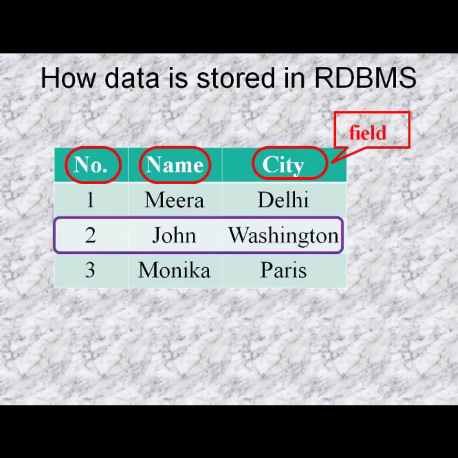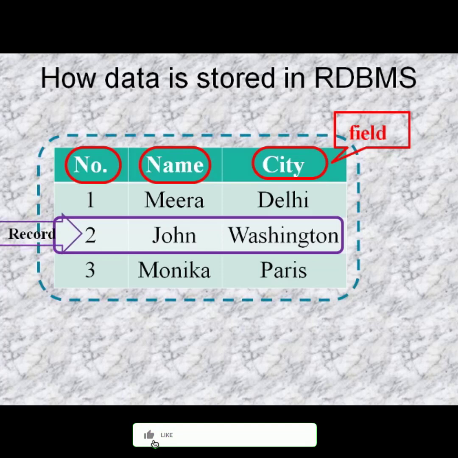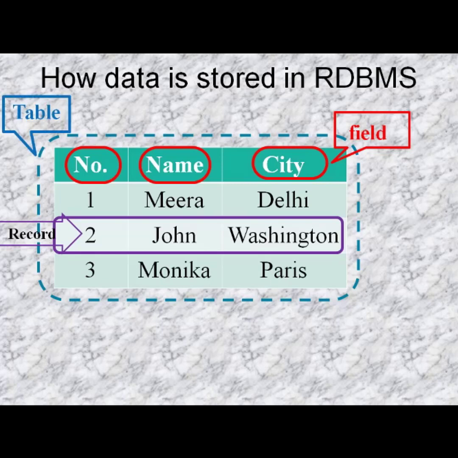Then the whole horizontal line, which is consisting of some information, is known as record, and the whole thing which stores all the data is known as table. That means we can create a table with the combination of rows and columns.